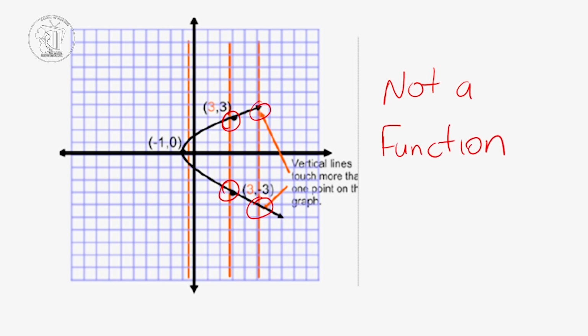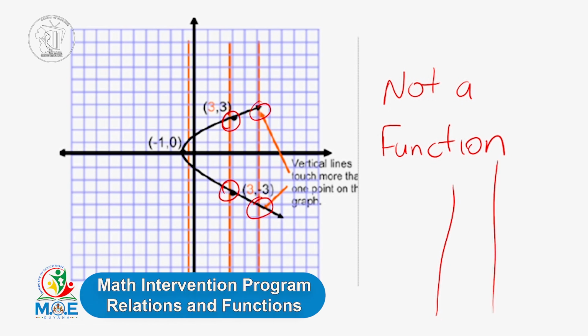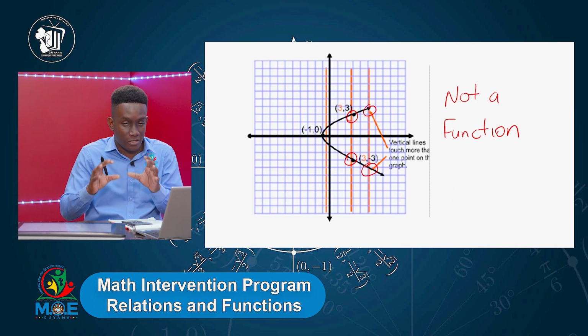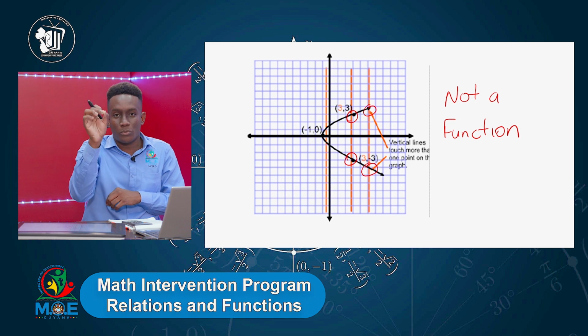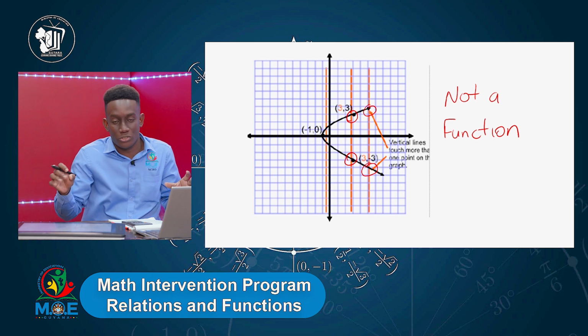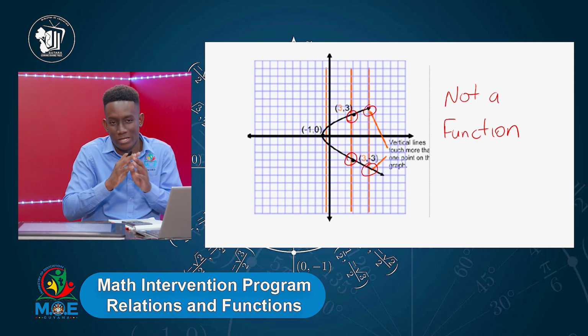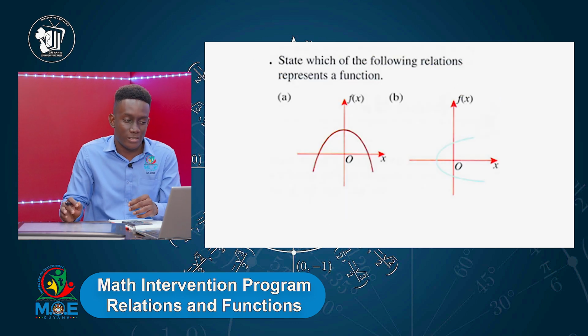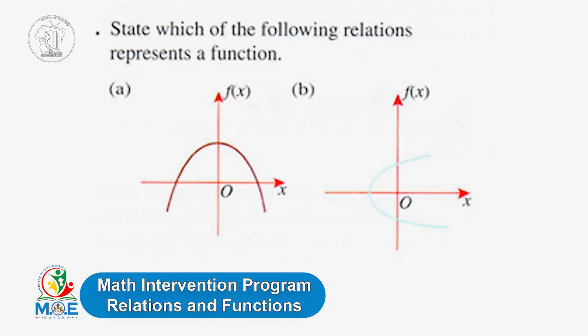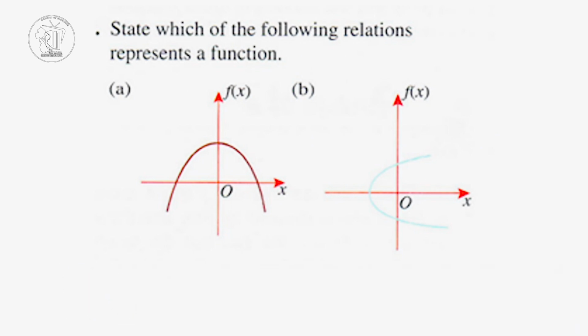So as long as we do the vertical line test, we draw lines throughout the graph, and if the vertical lines pass through more than 1 point, then it is not a function. You can take your ruler to do this test on any graph. So let's look at 2 more examples. State whether the following relations represent a function.